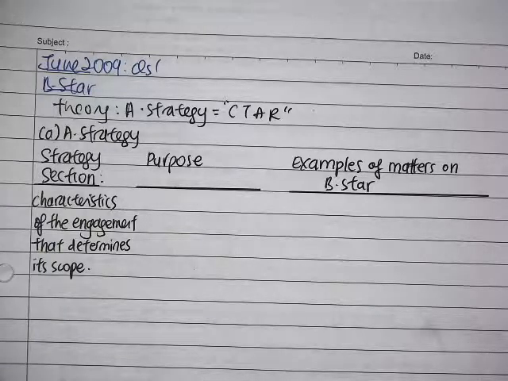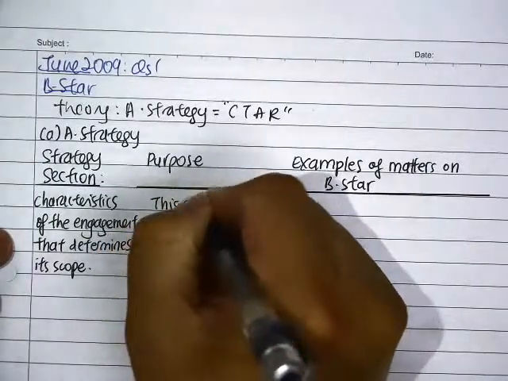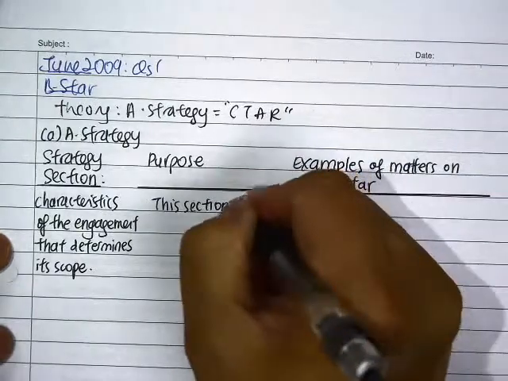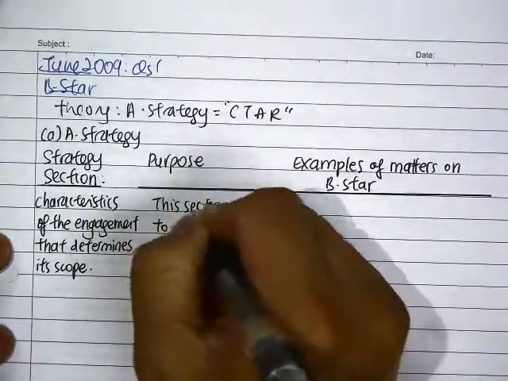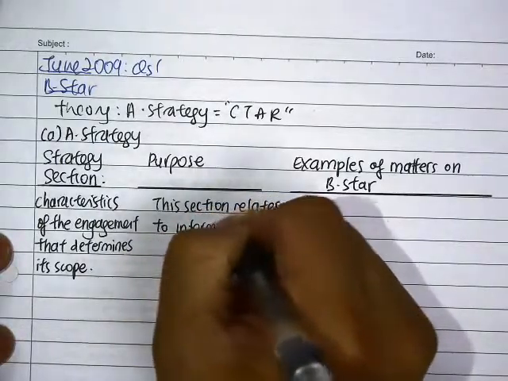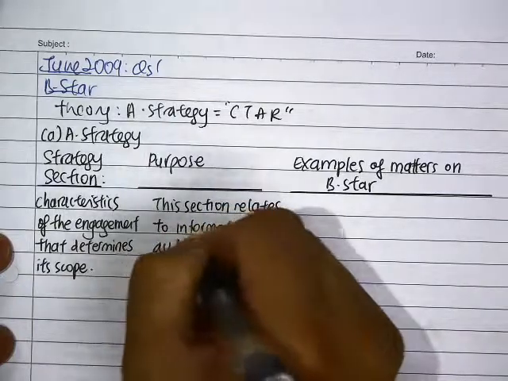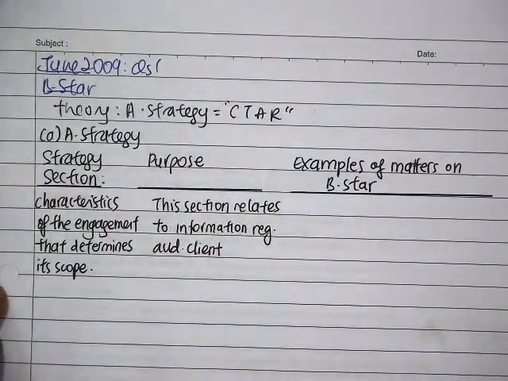It relates to the client, right? It will give us an idea about what kind of client that we're going to audit. So that's why this section relates to the information regarding the audit client.